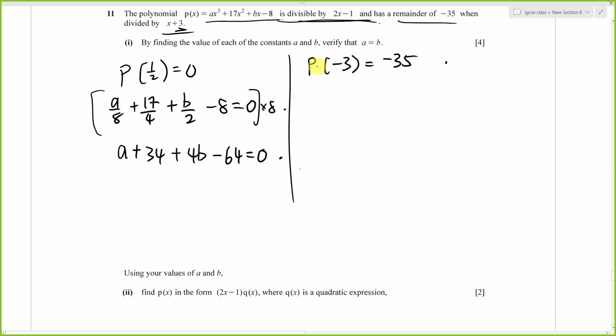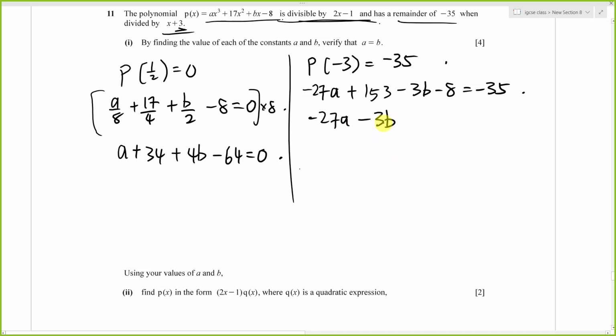Alright, then I solve the second equation here. Negative 3, so it will be negative 27a plus 17 times 9, 153, minus 3b minus a equals negative 35. Yeah, I will solve this one. Negative 27a minus 3b.